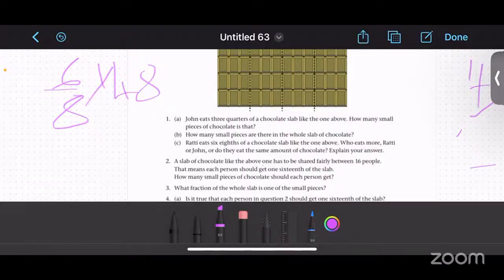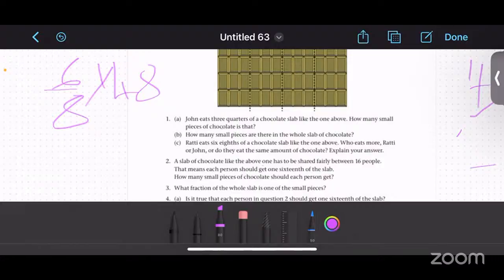How did you get to 36? I said 48 multiplied by 6 over 8. And how much did you get? 36. So that means the other person is eating 36 pieces.